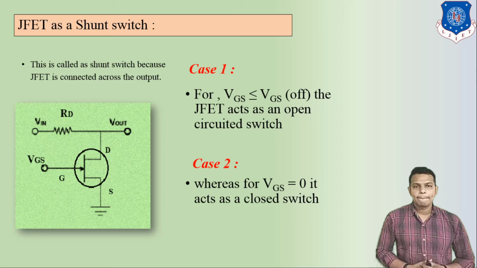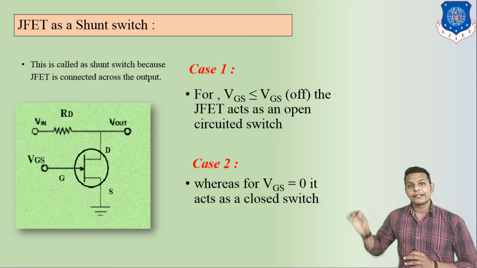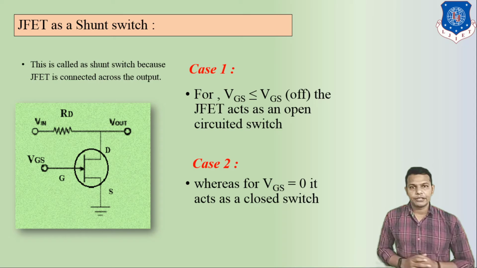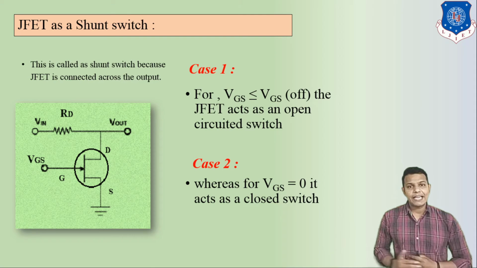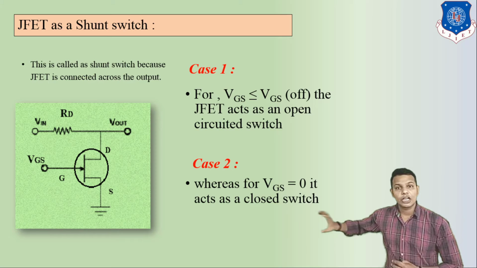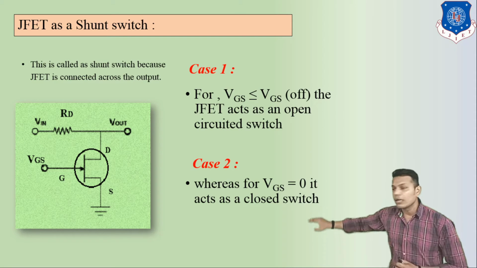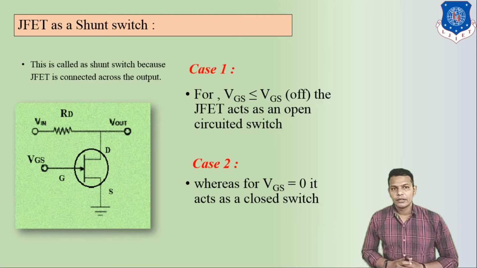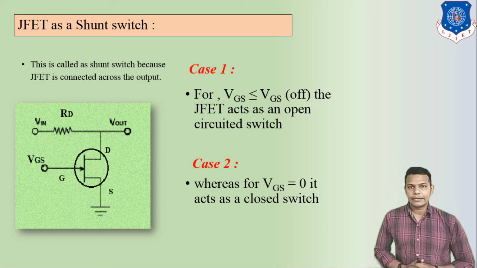Case number 1: we have to recall the characteristics of JFET as we discussed in the first lecture. For VGS, the gate to source voltage, which is also known as the controlling voltage, if VGS is less than or equal to VGS off, then the JFET acts as an open circuit.